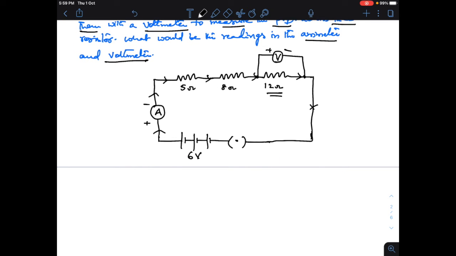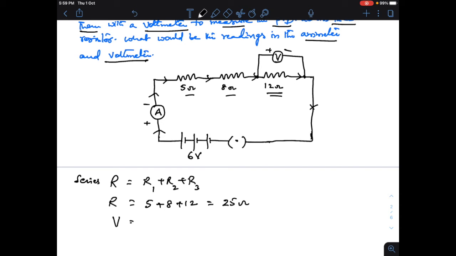So in series we know that the equivalent resistance R is equal to R1 plus R2 plus R3, etc. So now we have 3 here. R1 is 5 ohms, 8, 12. So 5 plus 8 plus 12, that is 25 ohms. So R is equal to 25 ohms, and V is equal to 6 volts.